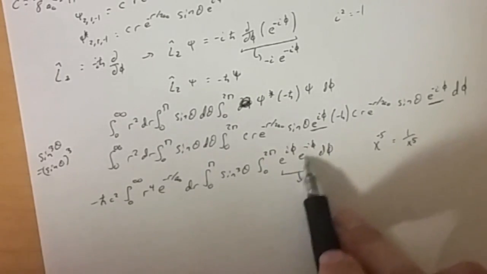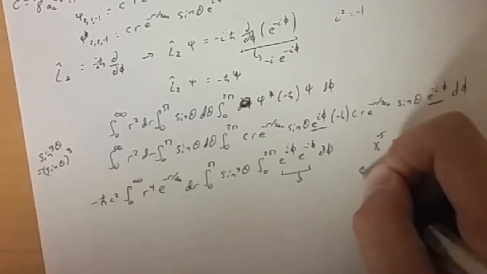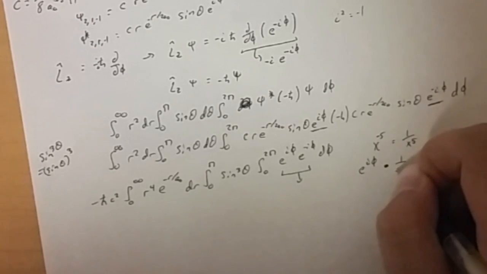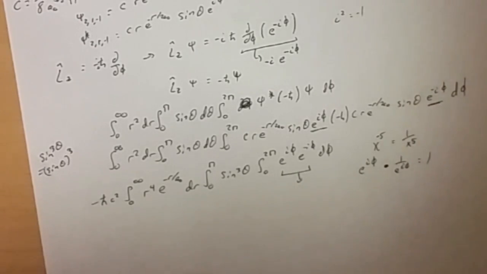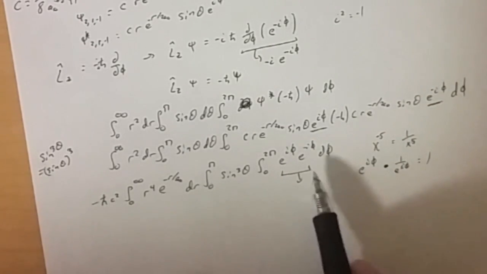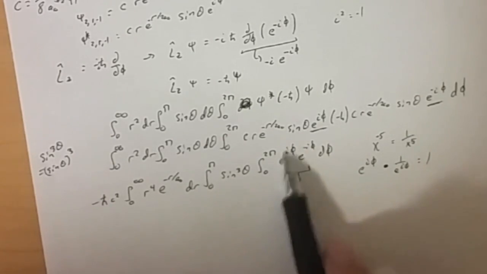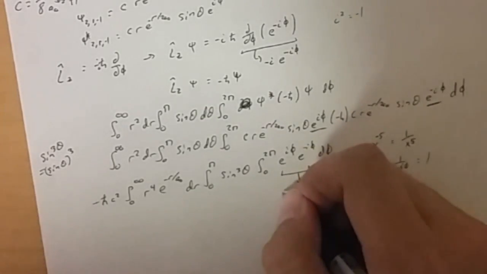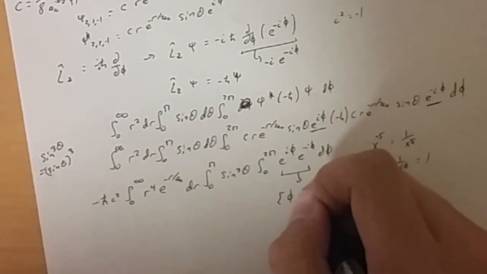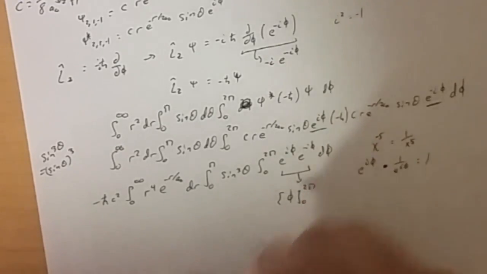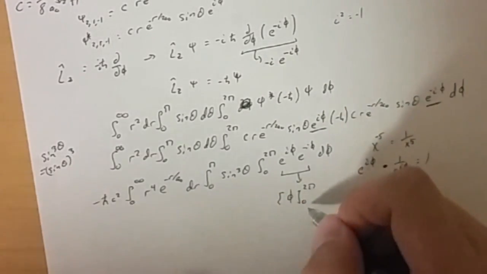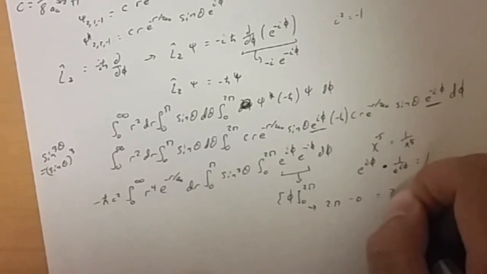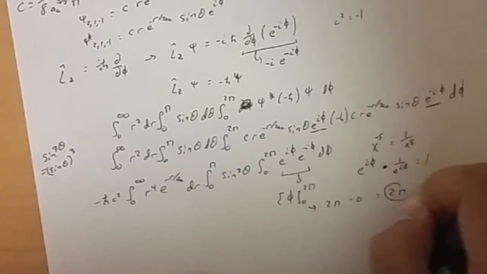So here we've got e to the i phi and e to the negative i phi, which is the same as e to the i phi times 1 over e to the i phi, which is just 1. So this is just a 1 in this integral, and if you integrate 1, you just get phi. So this becomes phi integrated between 0 and 2 pi. We plug in 0 and 2 pi, and we get 2 pi minus 0, which equals 2 pi.